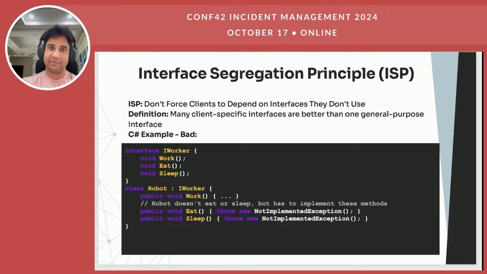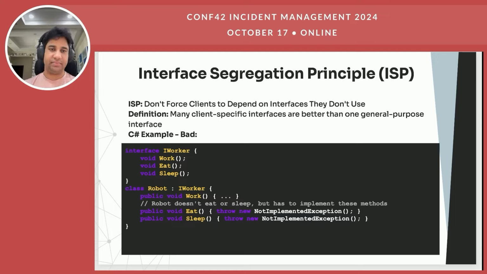This is a very simple example, but when we go into production quality code, which has many functionalities spread over multiple modules, this immediately goes into an exponential explosion of having such not implemented functions, or not implemented exceptions, or such cases where you struggle to write basic unit tests as well. So an idea would be to just break it out. Do not force a human worker and robot worker to be extended from the same worker.